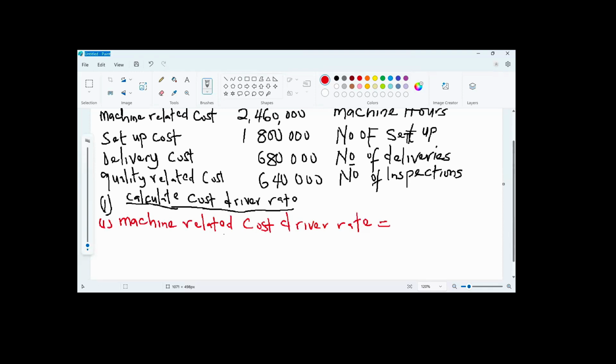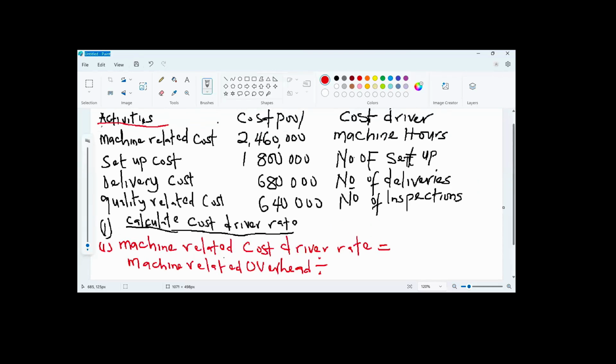This is equal to machine related overhead costs divided by the cost driver. What is the cost driver for machine related cost?